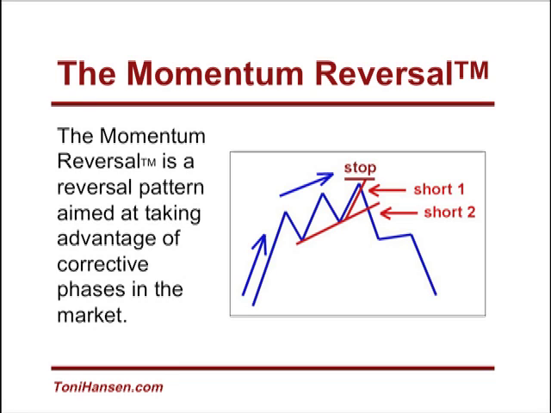So this is one of my favorite strategies to look at, and the other one is a reversal pattern. I call it a momentum reversal because we're looking at a shift in the overall momentum. Oftentimes this takes place as a trend is nearing exhaustion, or a larger upward swing within a trading range is nearing exhaustion.